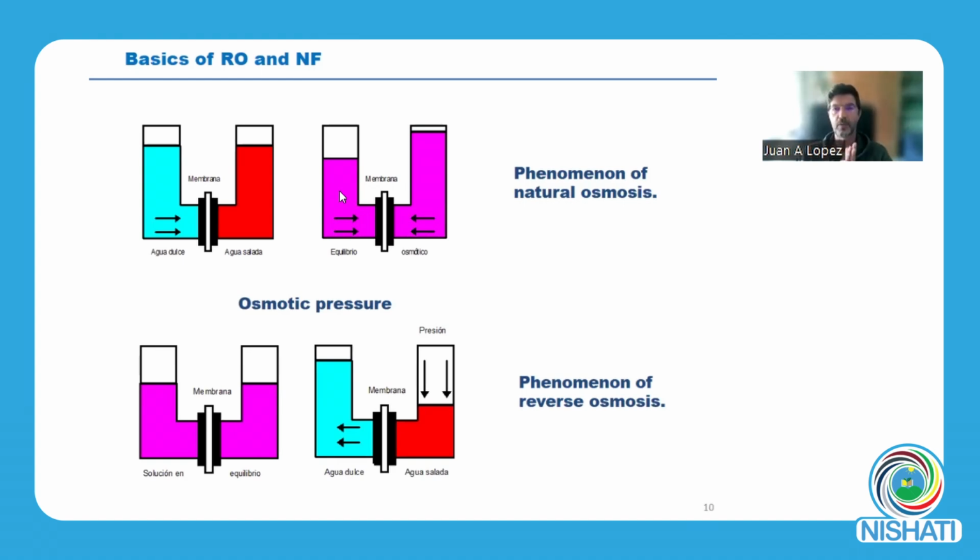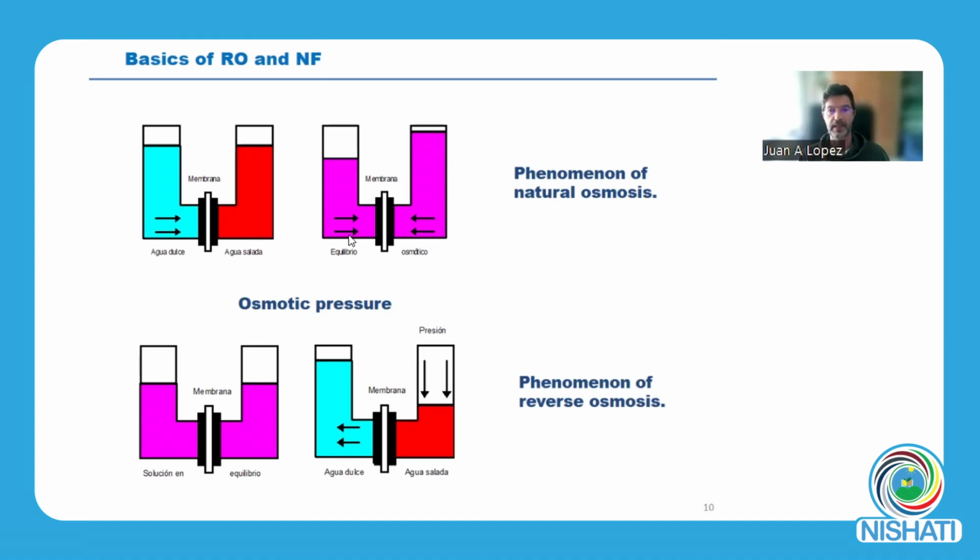This happens when you spend a lot of time taking a bath, for instance, in the sea or in the river, and you can see that your skin is wrinkled. This is a natural phenomenon. It's happening in all our cells. Here you can see that fresh water enters this chamber, and there is a different height at both sides, so this is higher than this.